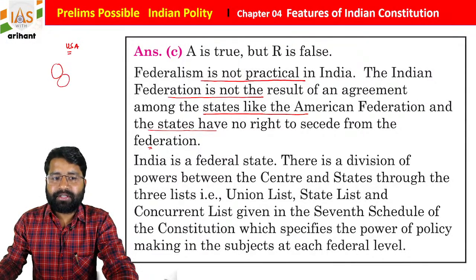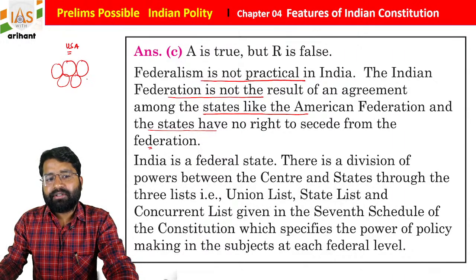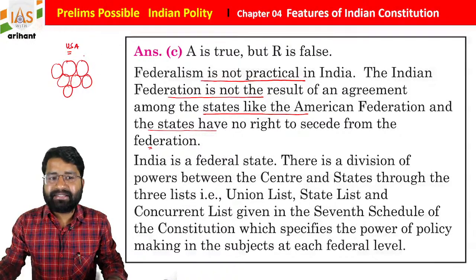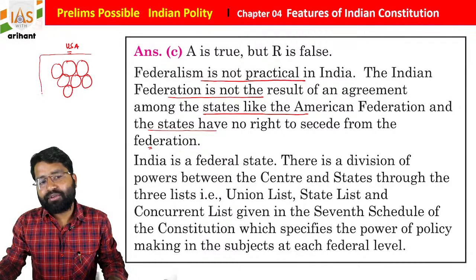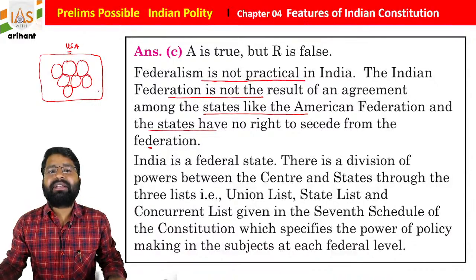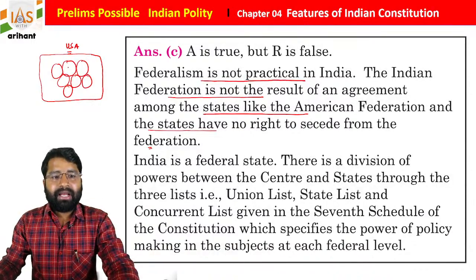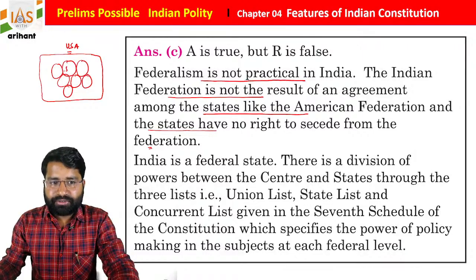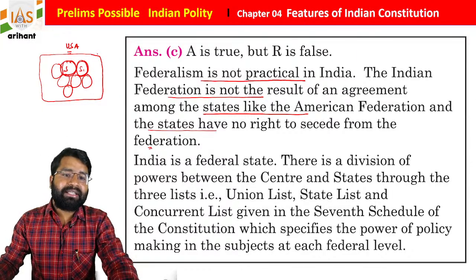Initially there were 13. All states, being small separate units, came together and said, let's create a union, a federation, where by an agreement we will combine. Let's suppose this is a state, it has its own rights. This is another state, it has its own rights, and along with that there will be a common law for the country.